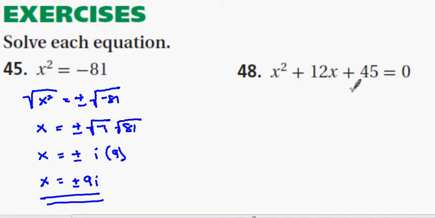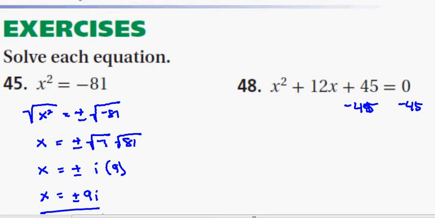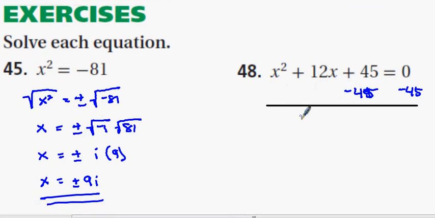So here we're going to subtract 45 from both sides of the equation. So now I have x squared plus 12x equals negative 45.